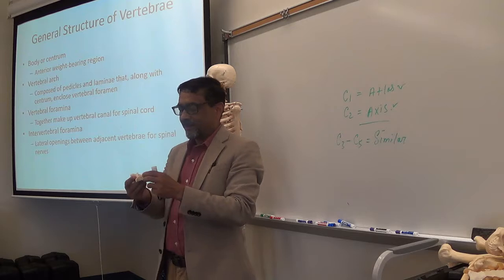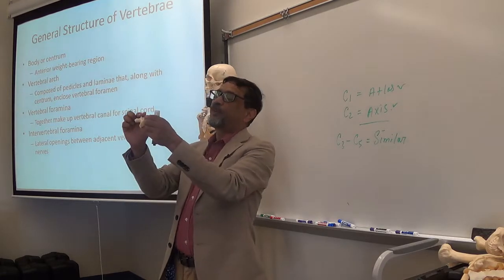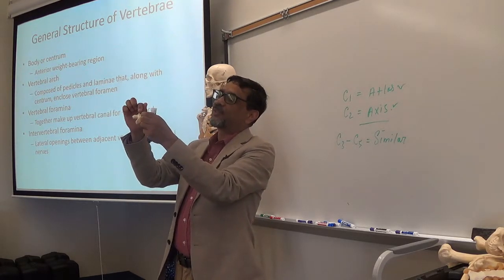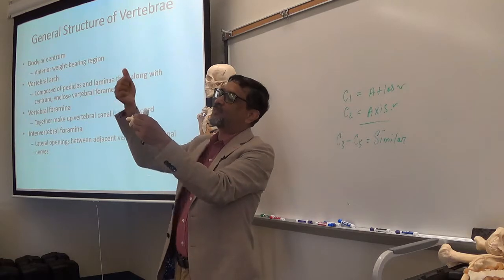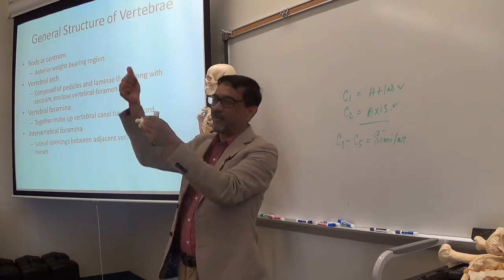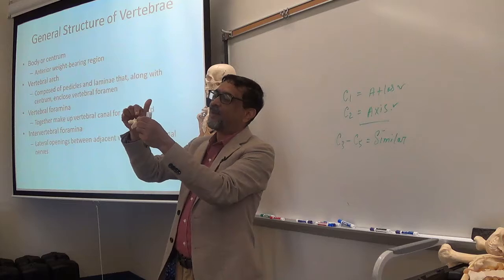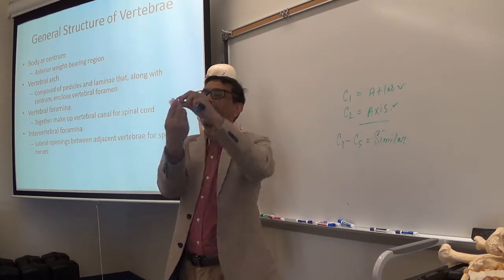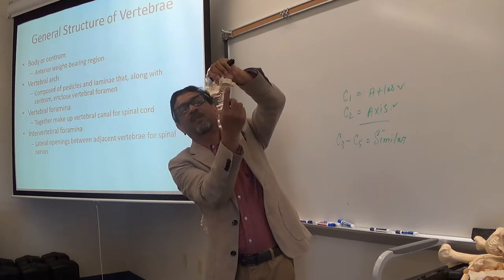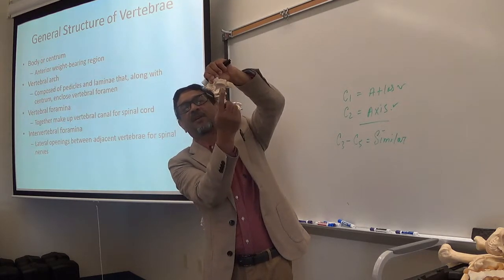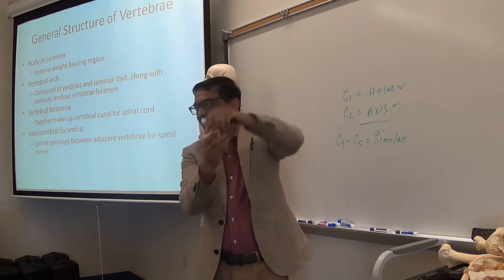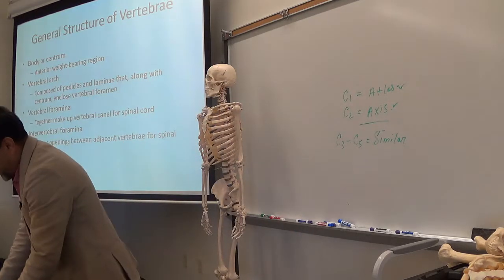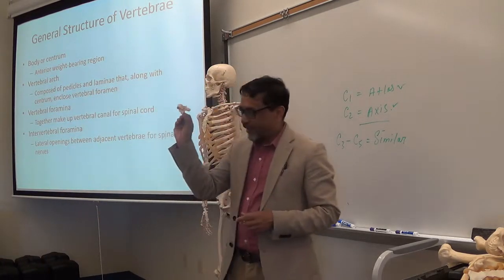And then you have 2 superior articular processes. You see these 2 going upwards. Superior means above, articular processes. And there are 2 going downwards. These are called inferior articular processes. So this is a typical vertebrae, right?